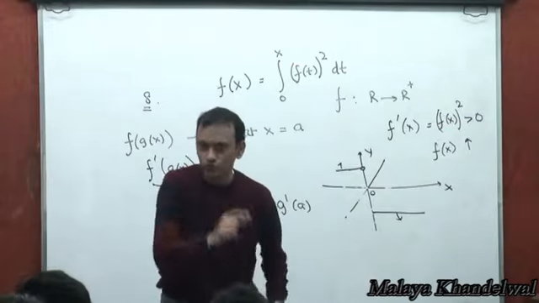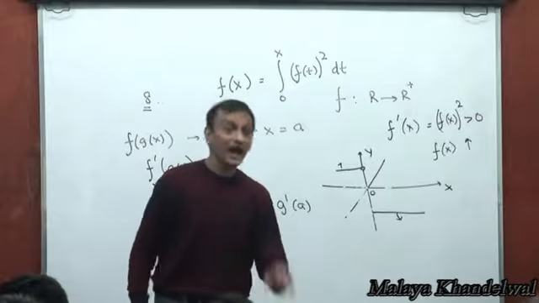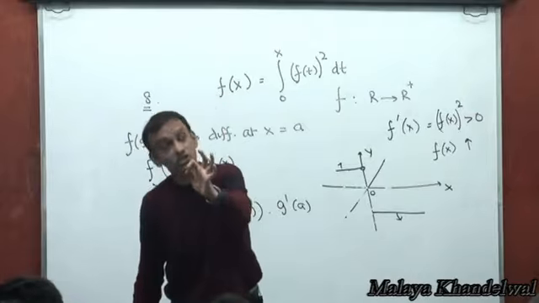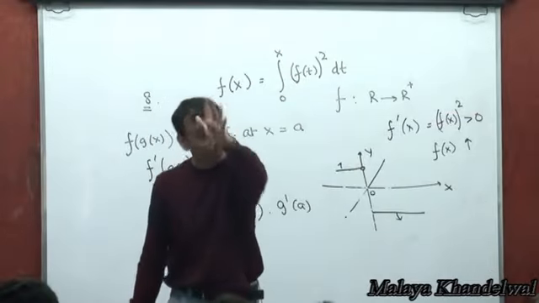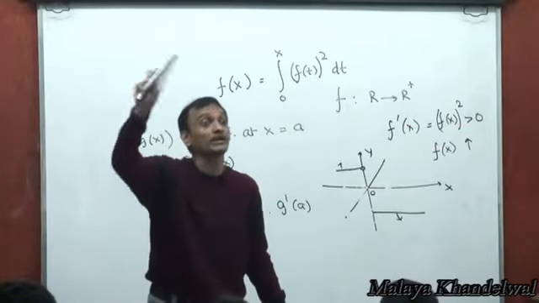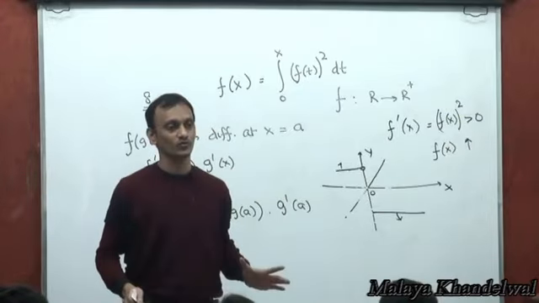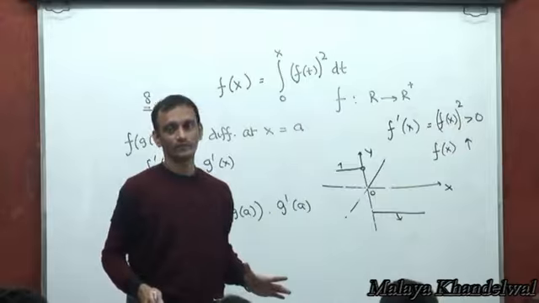If you have a product of two functions, I repeat, and at a point one of the functions is discontinuous, then the product can still be continuous if the other function at that point becomes 0.